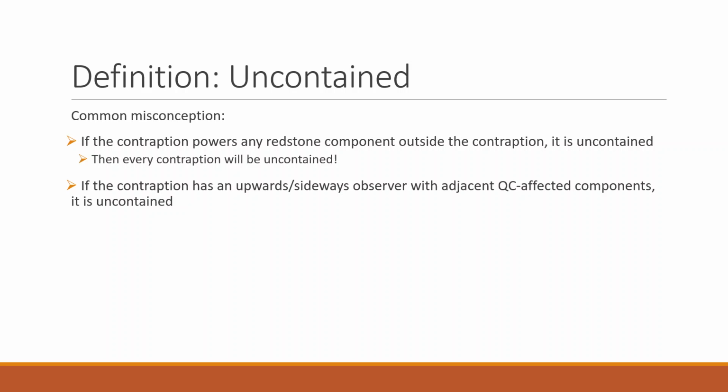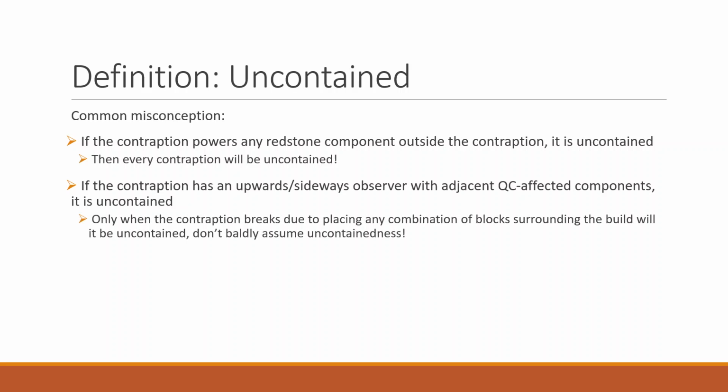The second misconception is that if the contraption has an upwards or sideways observer with adjacent quasi-connectivity affected components, then it is uncontained. Now, this is actually not true. The reason why it's not true is that only when the contraption breaks due to placing any combination of blocks surrounding the build will it be uncontained.